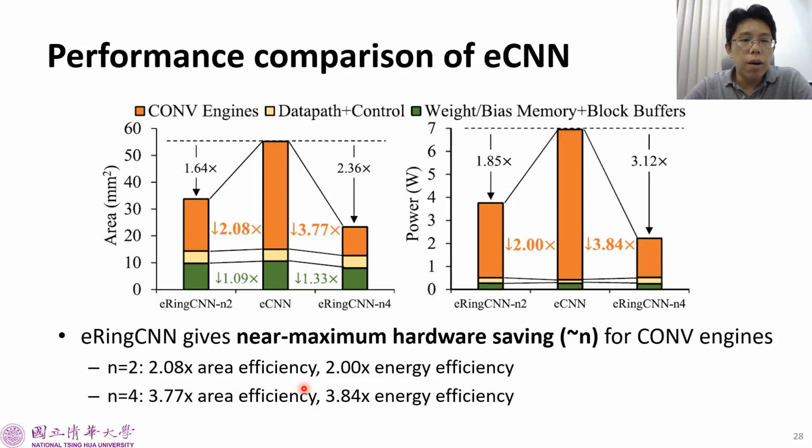Here we show the performance comparison in terms of area and power consumption. For the convolutional engines, the original bars here, RingCNN gives near maximum hardware saving ratios, which are very close to n. This advantage is from the proposed ring algebra.